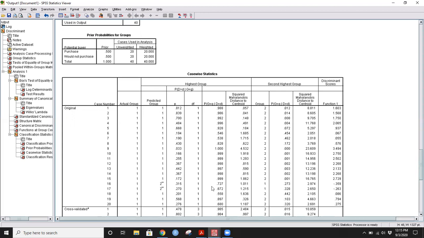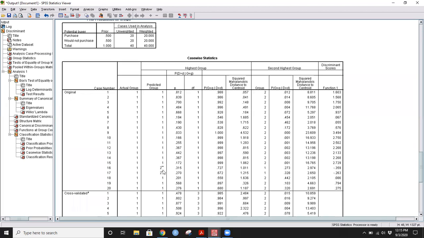Likewise, let's do it for a case which is misclassified. So these two asterisks indicate all those cases which were classified incorrectly by your software, okay, by your analysis. So in this particular case, my discriminant score is minus 0.359, and this is less than 0.